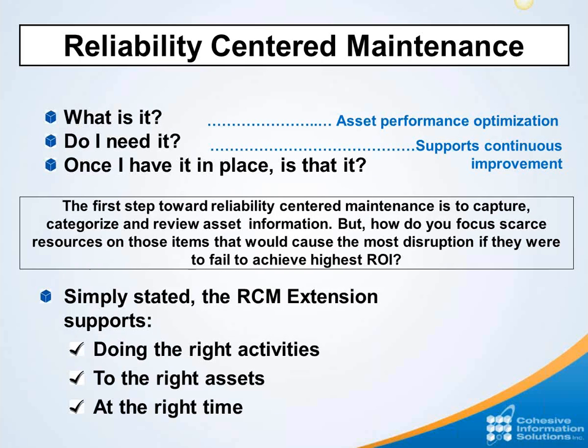So if you're not having any failures on critical or important assets, that begs the question, am I doing too much preventive maintenance? Or if I am having failures in those, am I not doing enough? So it's very hard to nail down and subjective as far as what the right time for the right activities to the right assets are.